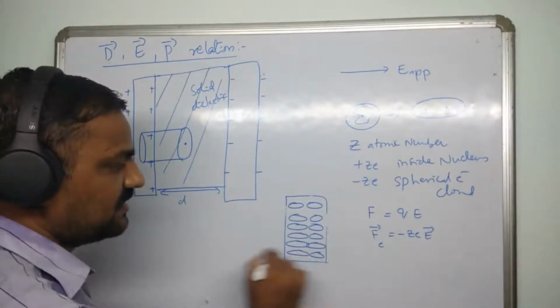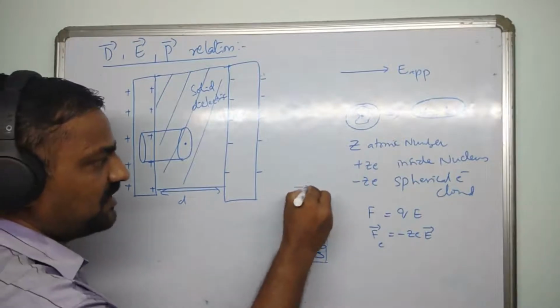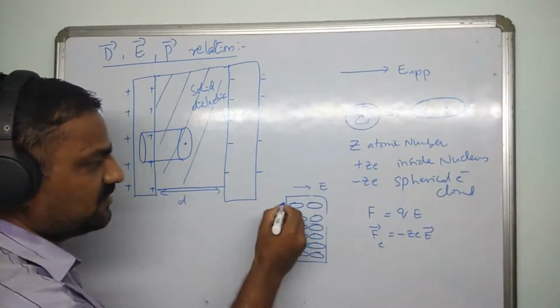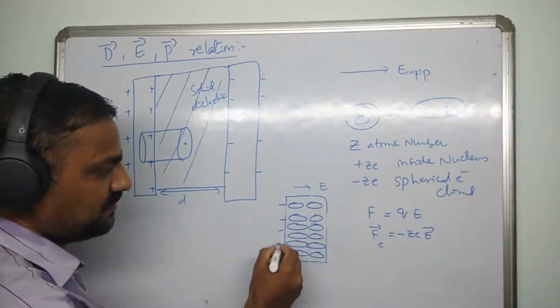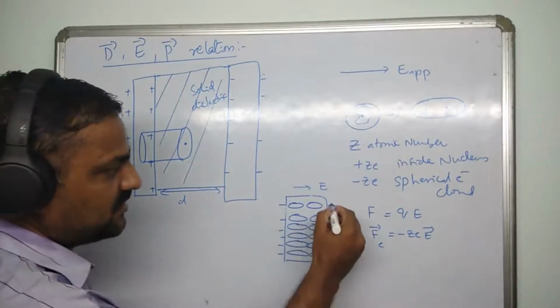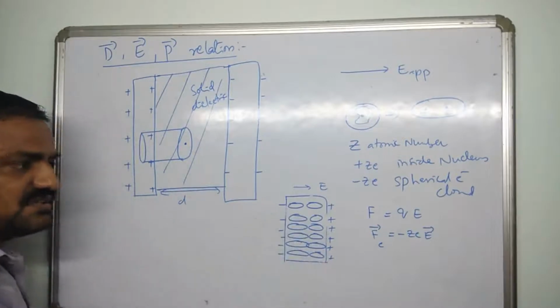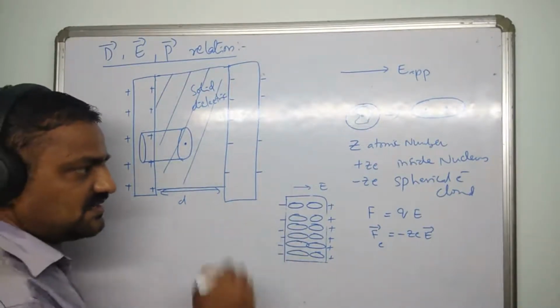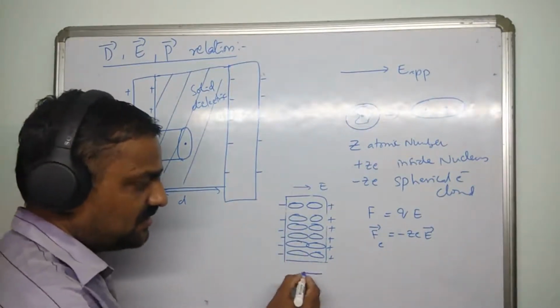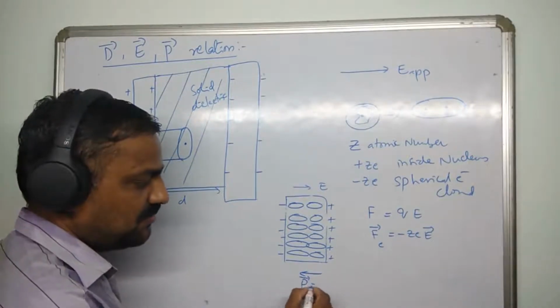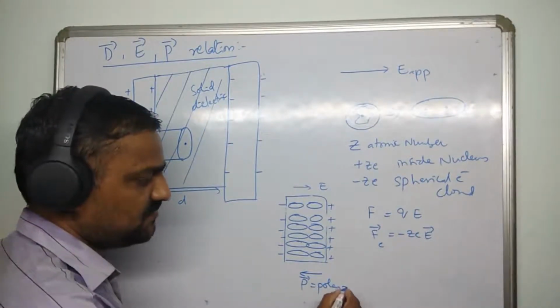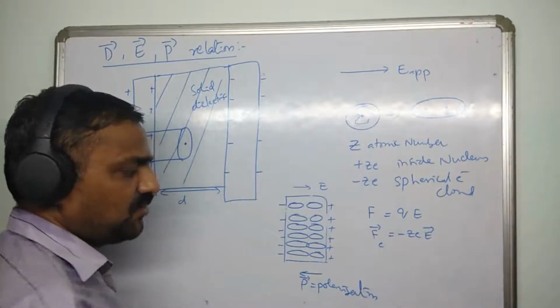So these identical atoms, if I have applied electric field here, this is going to be the negatively charged side, and this is going to be the positively charged side. So it is actually inducing some dipoles. As a result, we are getting a new field that we call P, polarization. This is another vector, polarization.